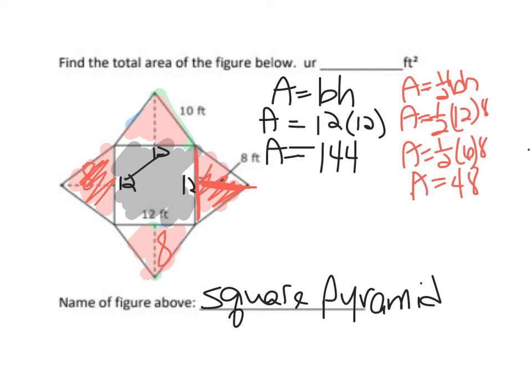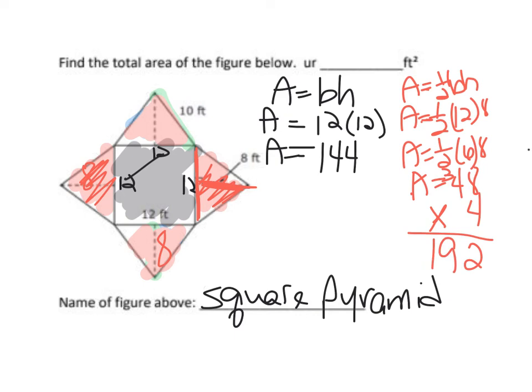So now, how many of those do we have? 4. So that means I need to multiply this by 4, because there's 4 of the faces. So 4 times 8? 32. 4 times 4 plus 3? 19.